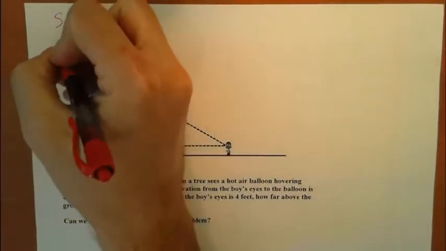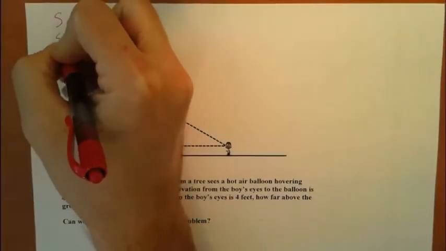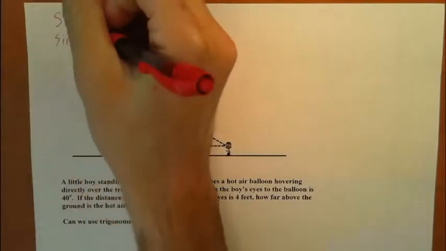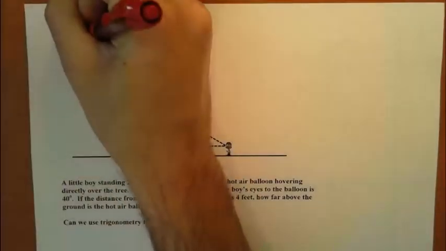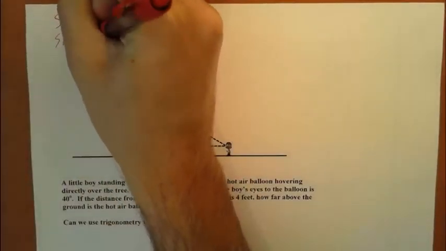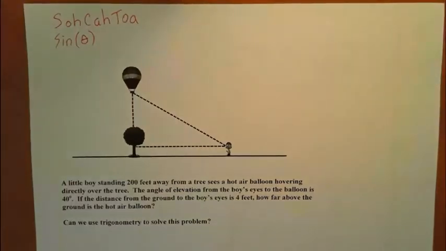And so we can write that here. Sine of, and something to note is that we have an unknown angle. We are going to be using the Greek letter theta, and that's what we can write there at the top.